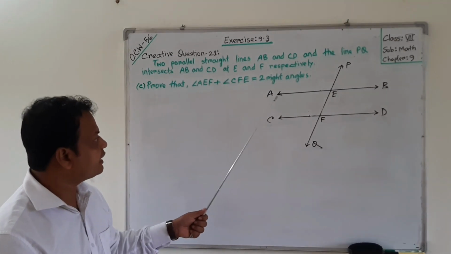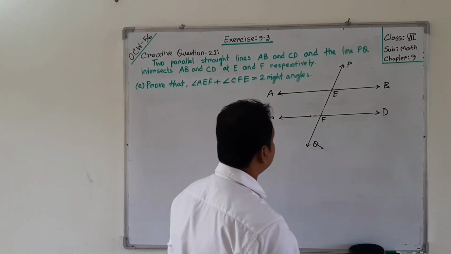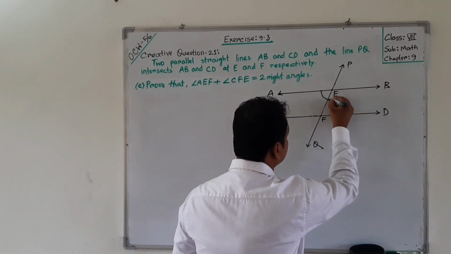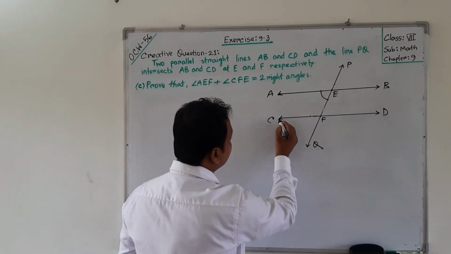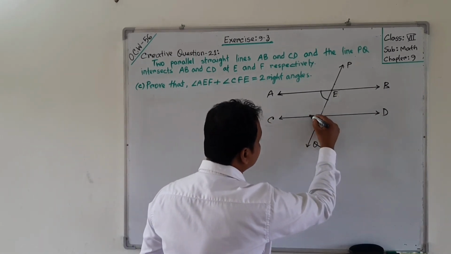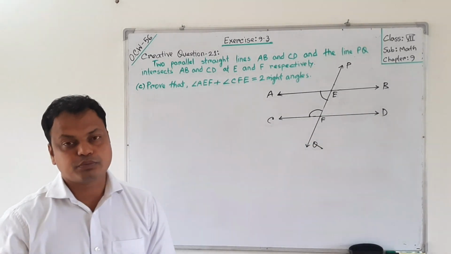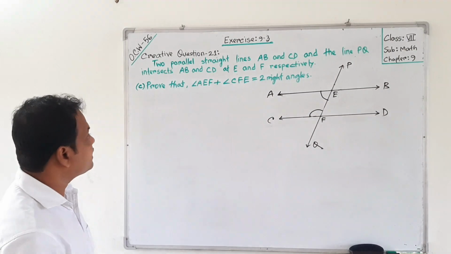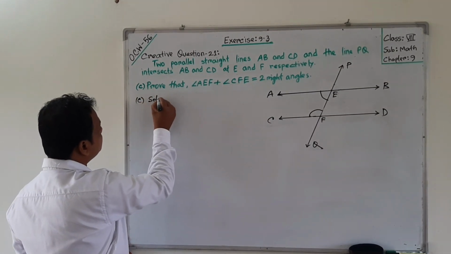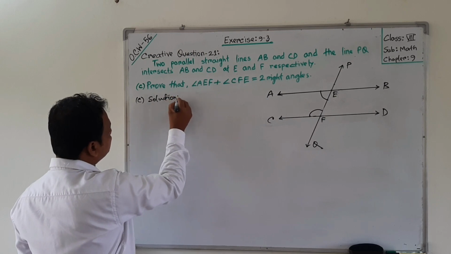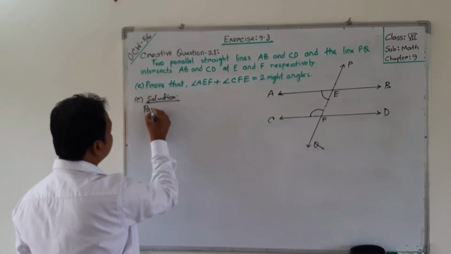In the figure, angle AEF will be here, and angle CFE, this angle. The sum of these two angles will be two right angles. We have to prove this part. Okay, let's start the solution. C. Solution and particular enunciation.